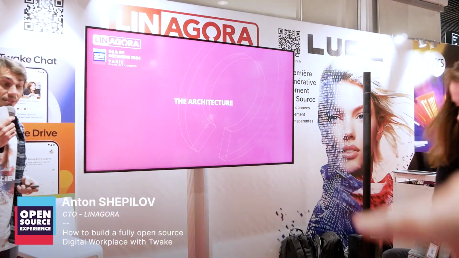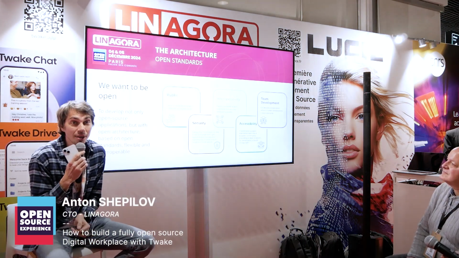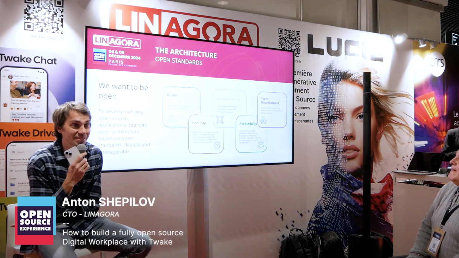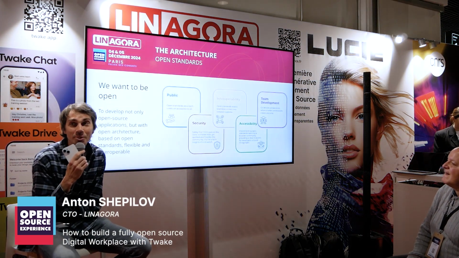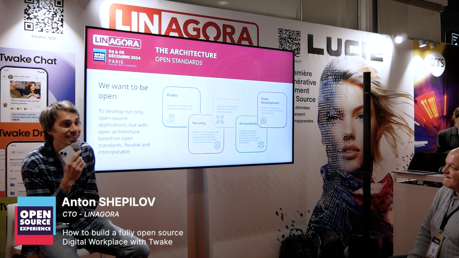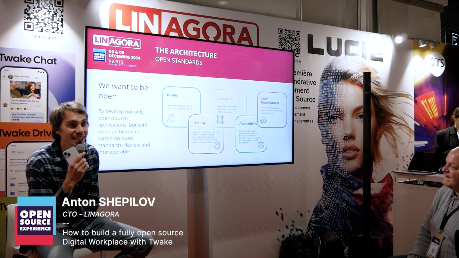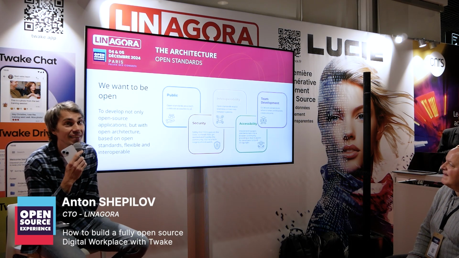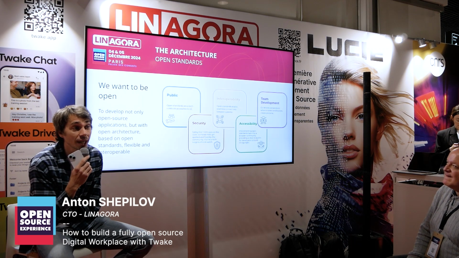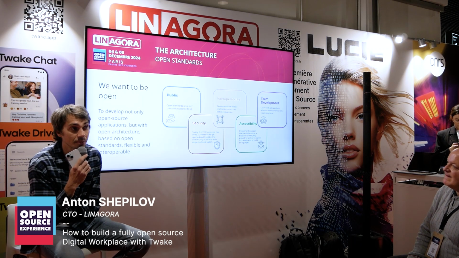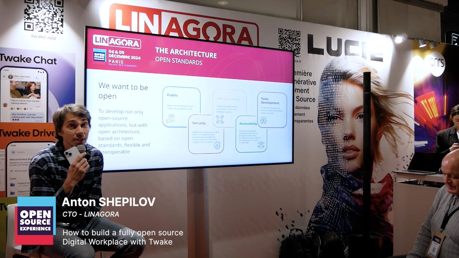I will talk about exactly the architecture of Twake Workplace, how we build it. Just a little bit about the ideology of open. You will hear the words open source everywhere at every stand here. But we are developing not only open source products, we are developing open systems. What does it mean?